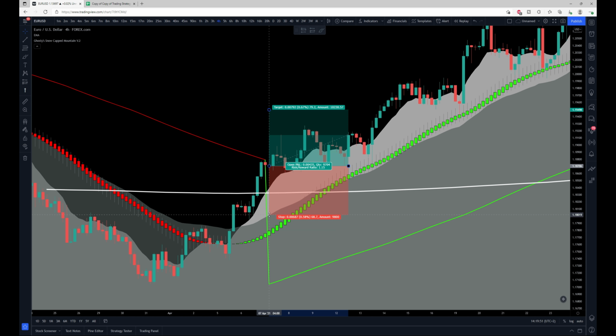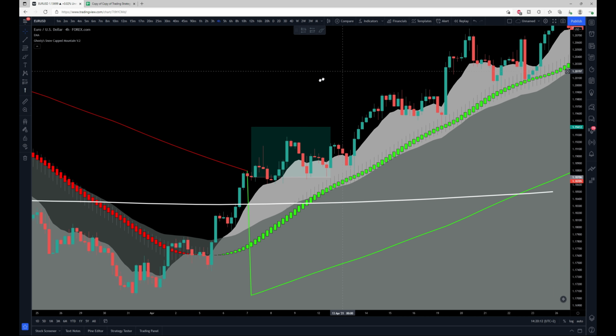The stop loss will be placed at the gray area just below the white snow. And my first target will be 1 times the risk. Okay, at this point, once price has reached 1 times the risk, half the profit will be taken and the stop loss will be moved to break even.